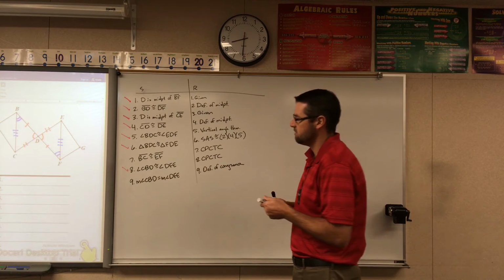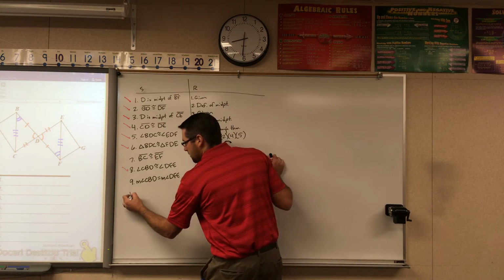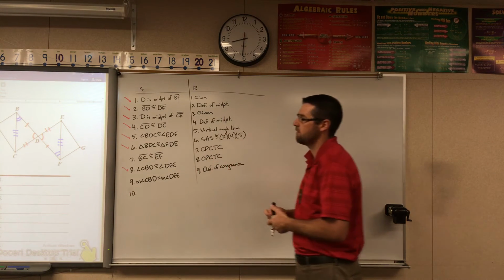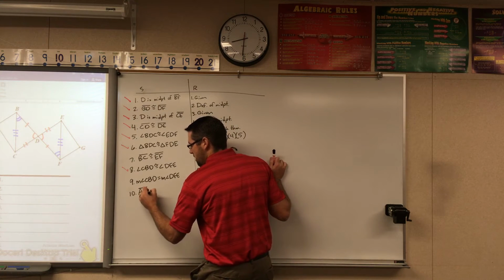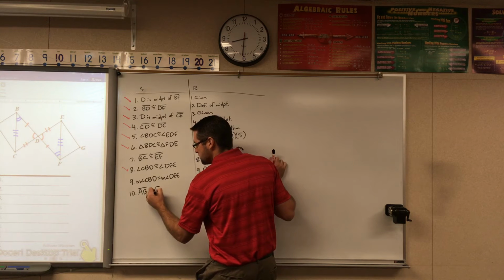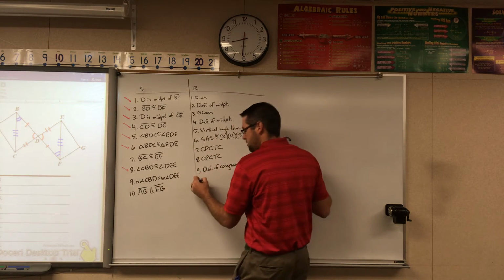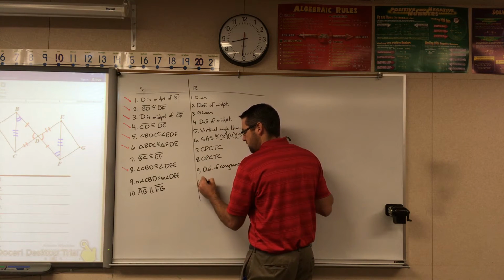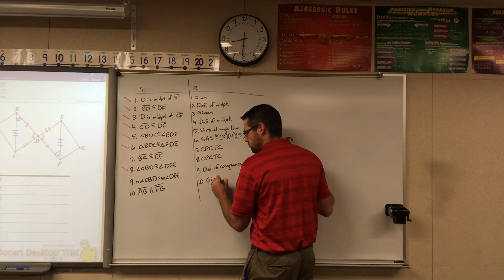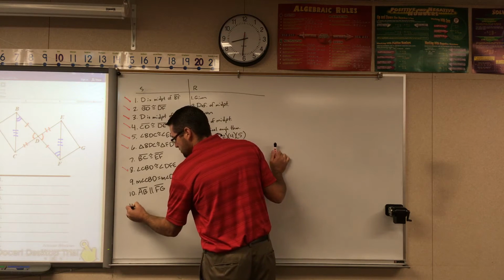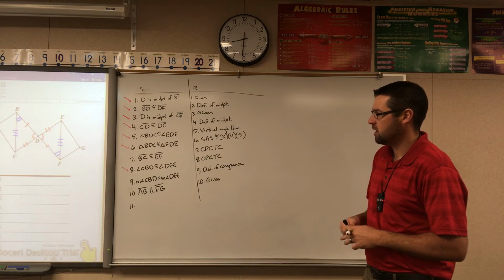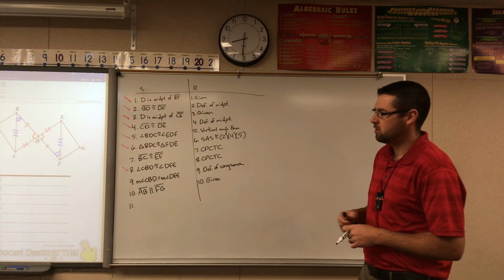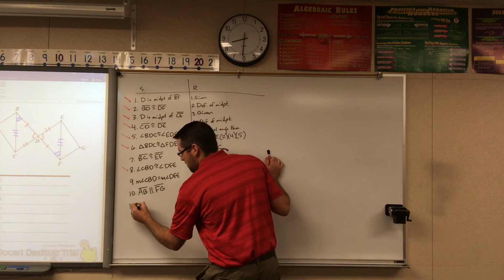Now we're going to go on to our next given. What's our next given to us? AB is parallel to FG because given. Okay. Well, again, parallel lines give us angles. Which angle does that give us?